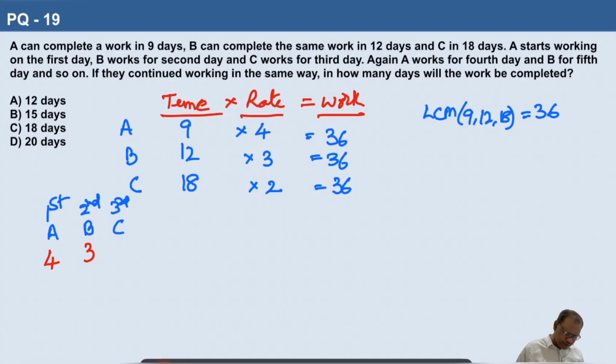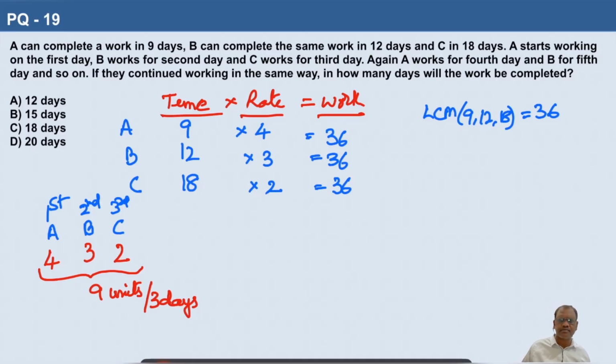He will complete 2 units. So total 4 plus 3 plus 2, 7 plus 2, 9 units of work is done in 3 days.